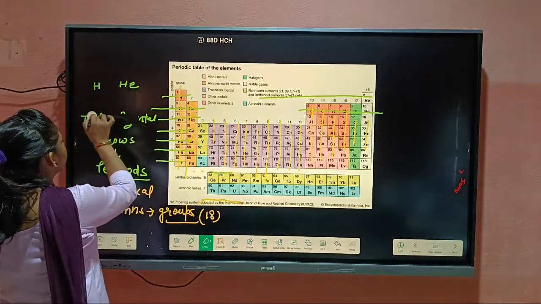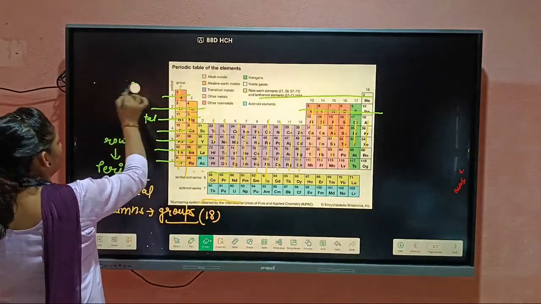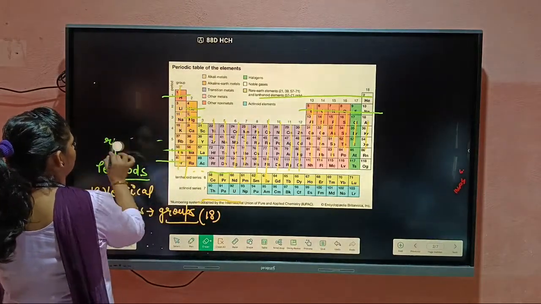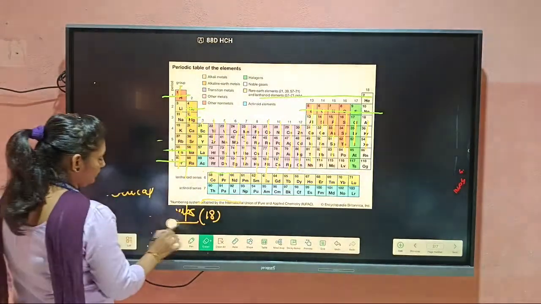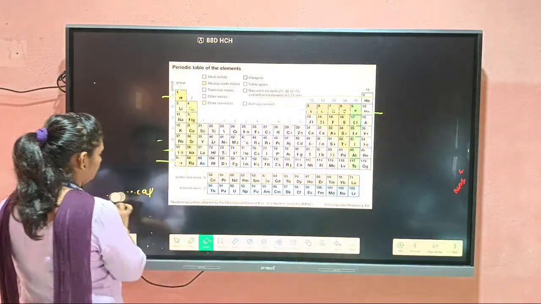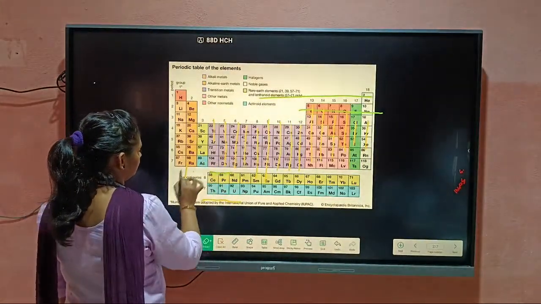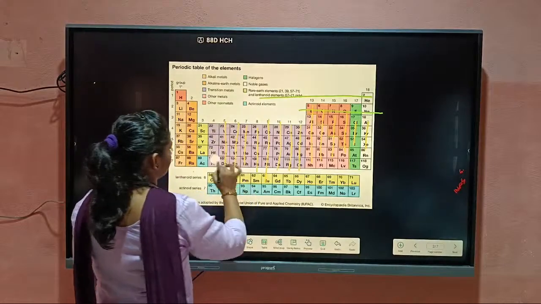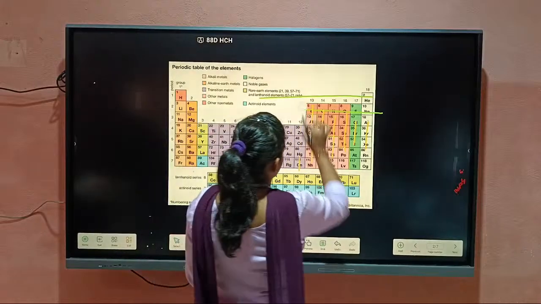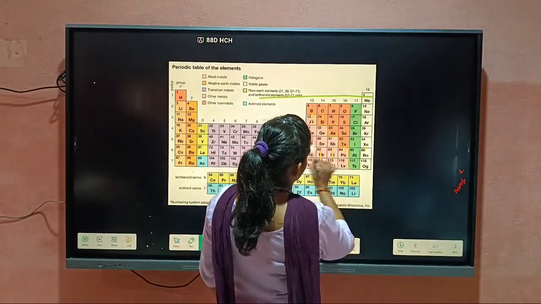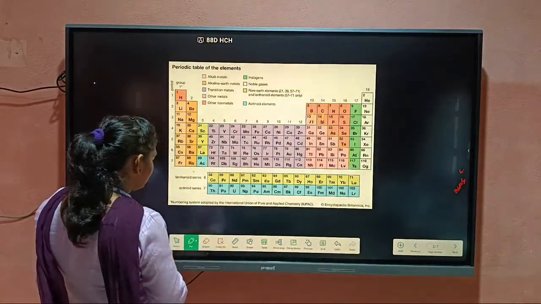There are a total of 118 elements in the modern periodic table.